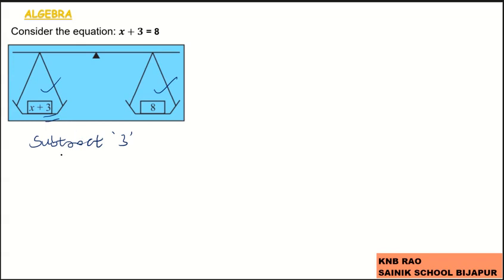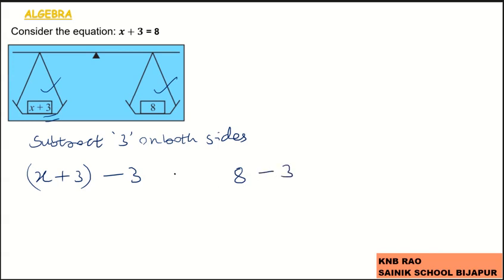So, if I subtract 3 even in the right pan, that means if I subtract 3 on both sides, it becomes x plus 3 minus 3, and on the right side 8 minus 3. Still, by rule number 2 the equality remains as it is.